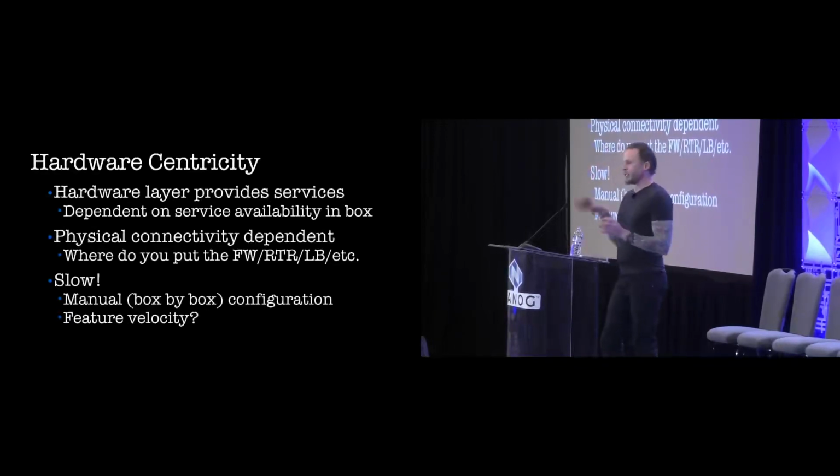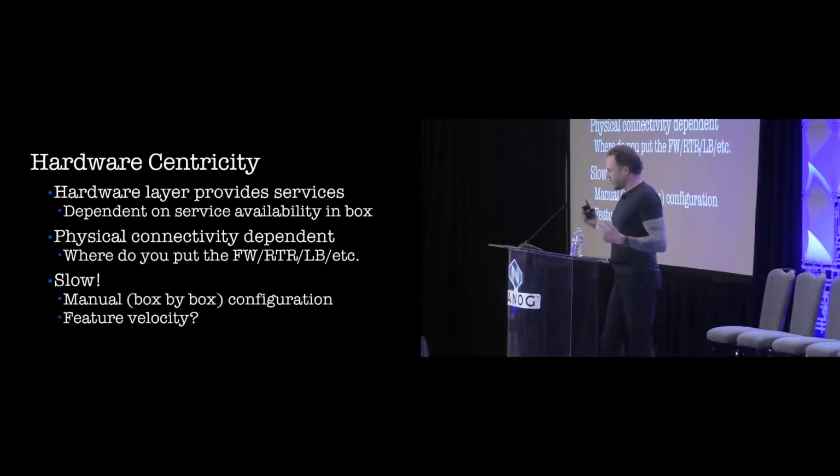Also, because that physical connectivity is part of this, and you're talking about physical devices, where you actually connect things matters. So you have to worry about where things live and how they're connected and how the packet forwarding goes through that. This is one of the reasons why things like microsegmentation didn't take off very early, because routing everything up through a big firewall and back down isn't practical. So being able to do other things makes that more practical.